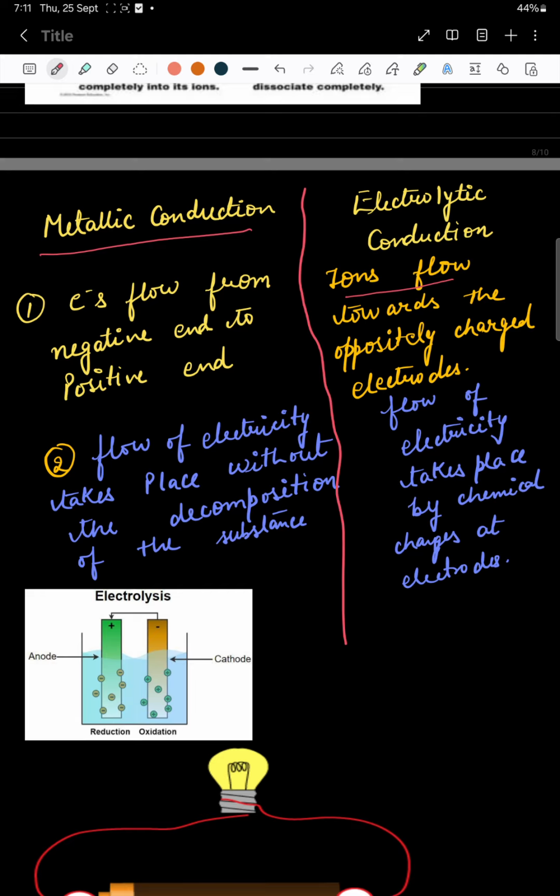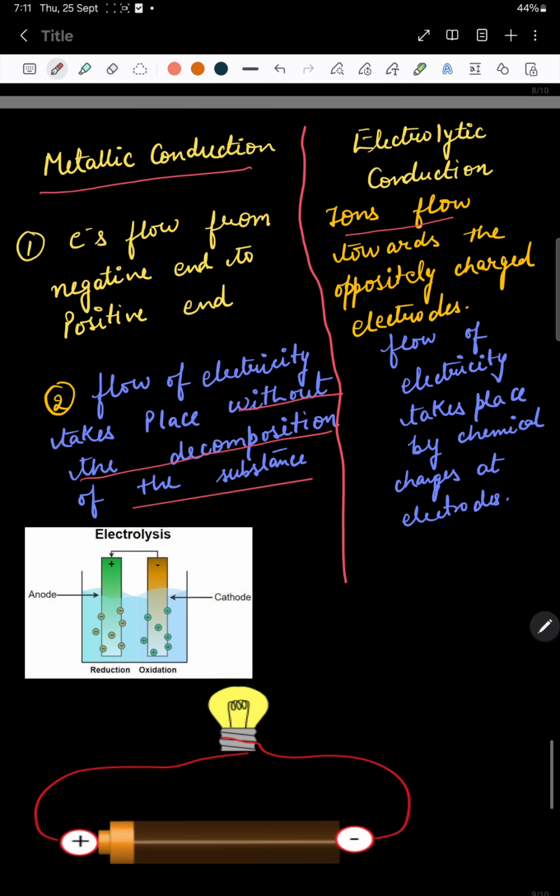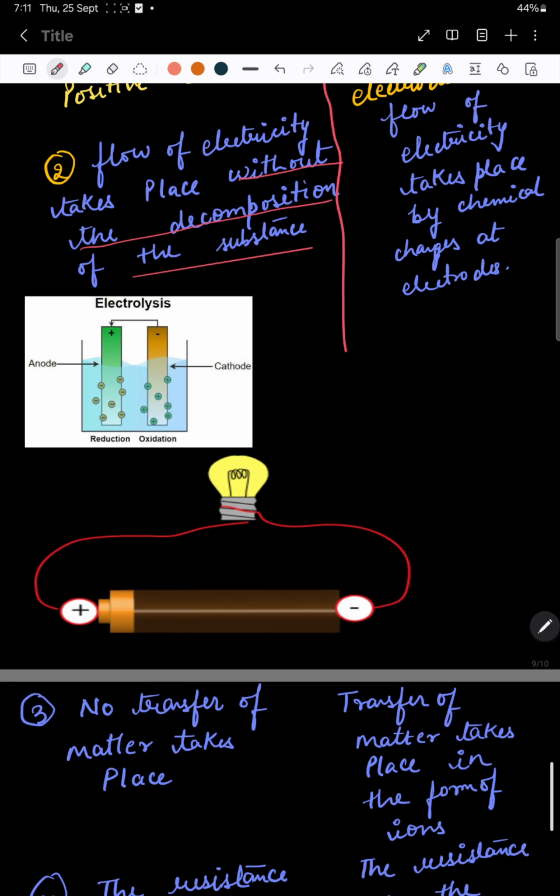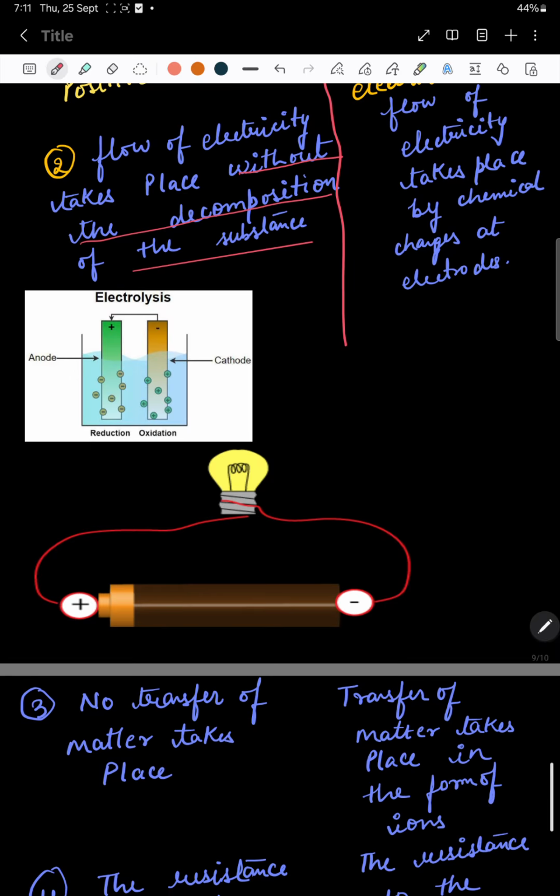Now, flow of electricity takes place without decomposition of the substance, as we have studied in the metallic conductor. In the metallic conductor, with the help of this diagram, you can understand there is a bulb connected with this metallic wire, and there is a battery connected over here, with positive and negative terminals.